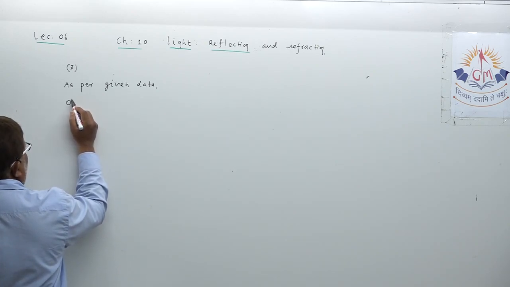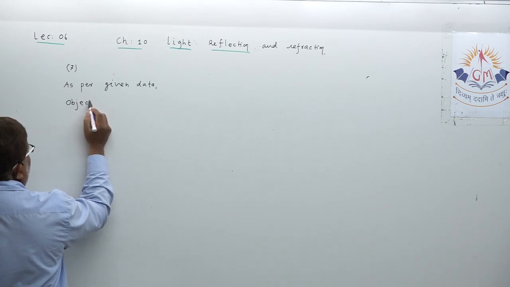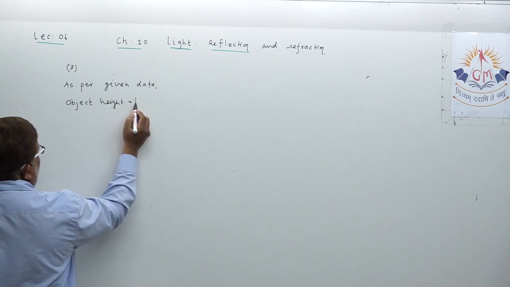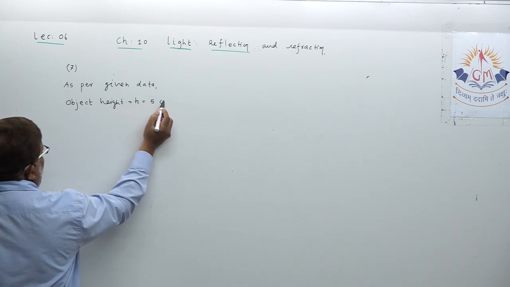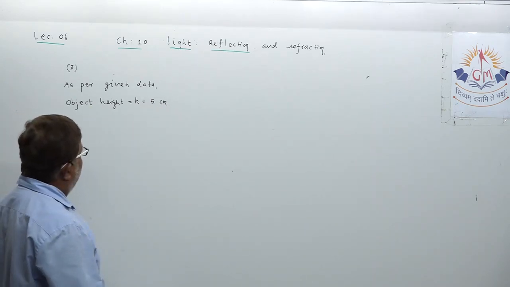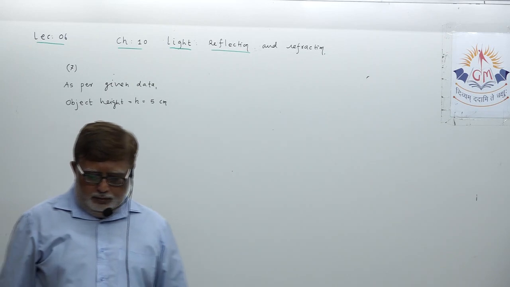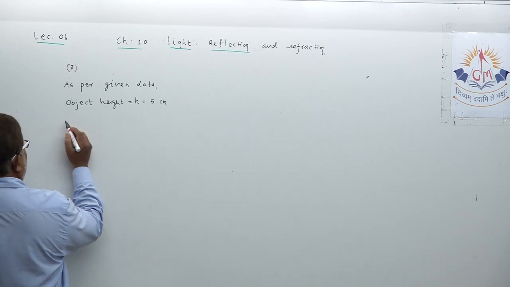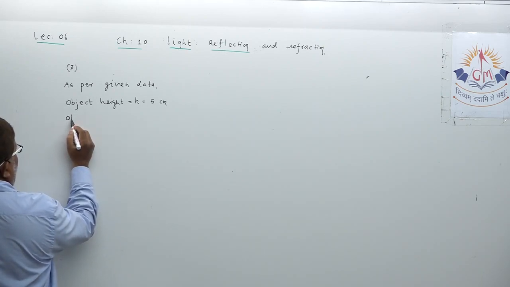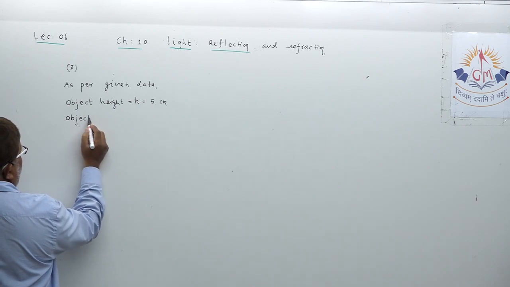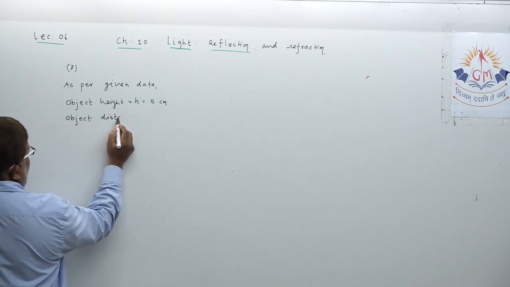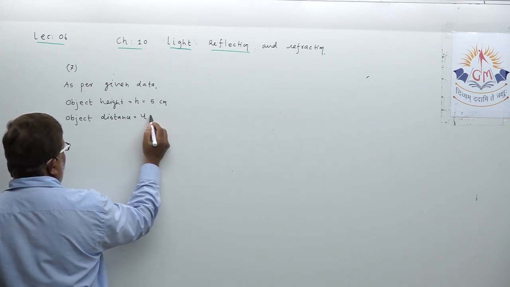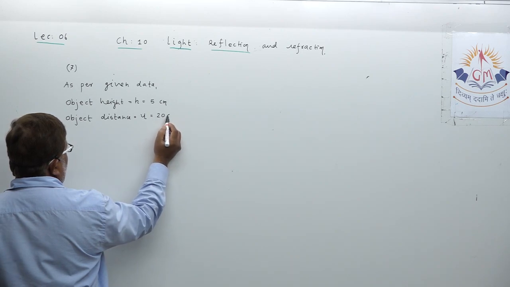So I will write object height. Object height H is given, 5 centimeter. Now the object is kept at a distance of 20 centimeter, so I will write object distance. Object distance, symbol U, equal to 20 centimeter.